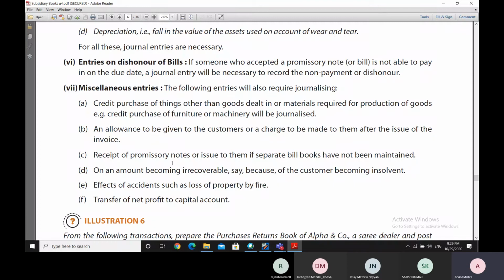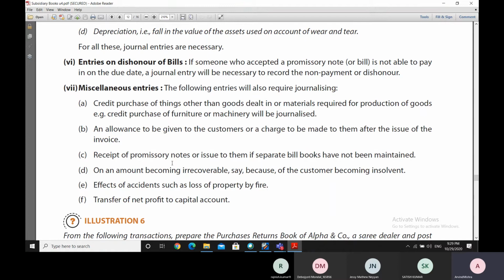That is, he has to pay even more. So in these cases, where he has to pay even more than what was promised earlier to the customer, or if there is a reduction or charge to be made or an allowance to the customer, or maybe a further discount, that will also be entered in the journal.